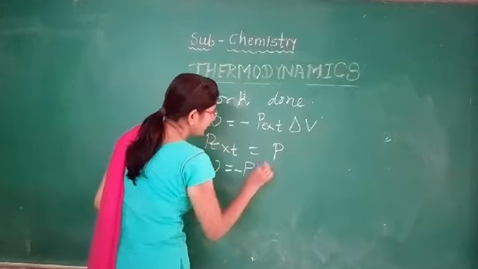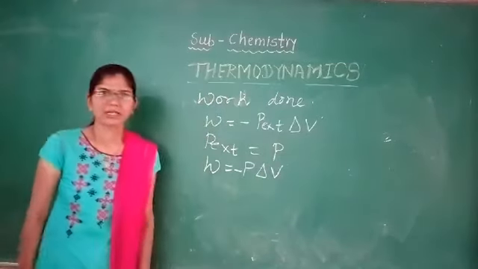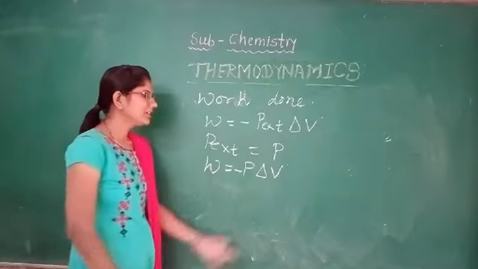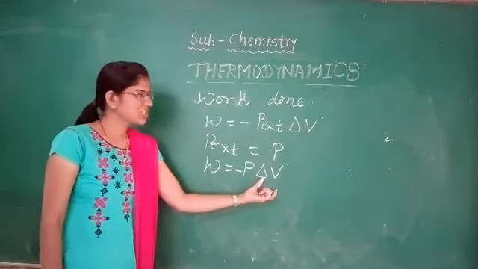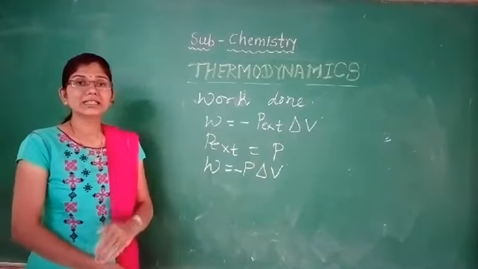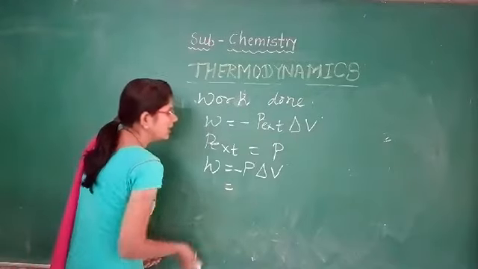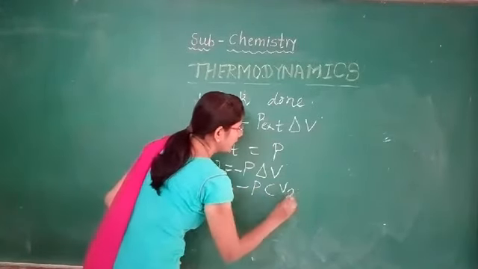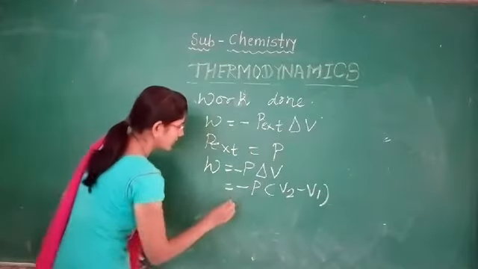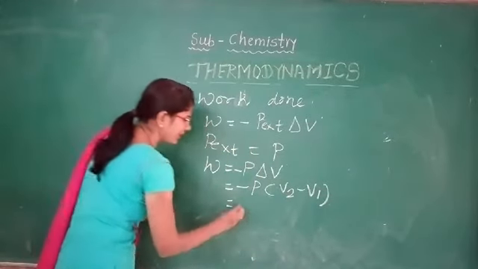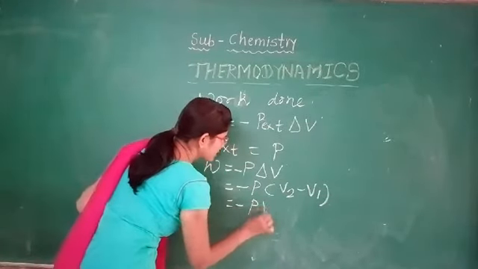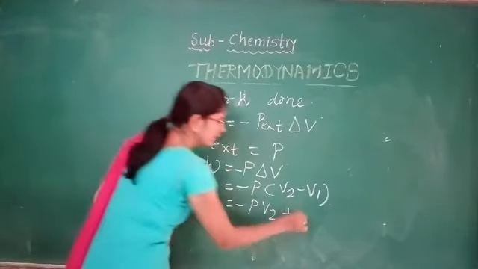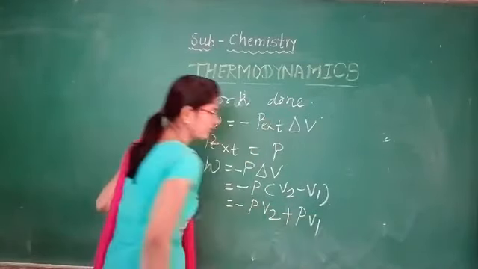minus P delta V. But in a gaseous reaction there is a considerable change in volume, and therefore it becomes minus P (V2 minus V1). If we solve the bracket, we get minus P V2 plus P V1.